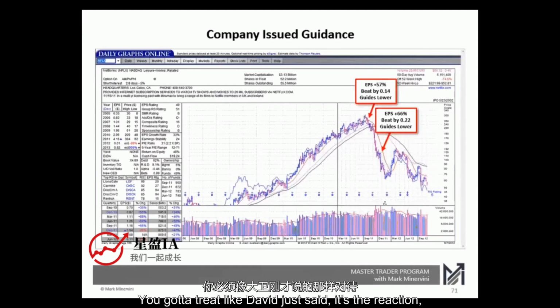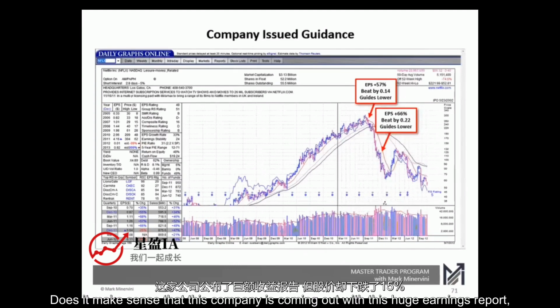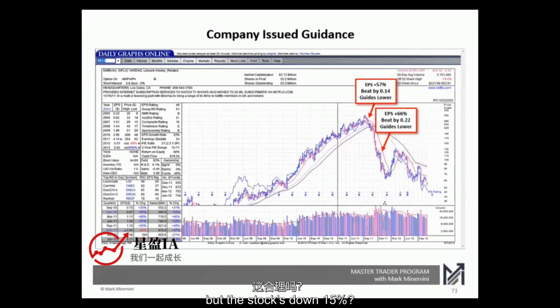So you've got to treat, like Dave just said, it's the reaction. It's the reaction to the guidance. It's the reaction to the earnings. And you've got to get good at deciphering this reaction and putting 2 and 2 together. Does it make sense that this company's coming out with this huge earnings report, but the stock's down 15%? That doesn't make sense.